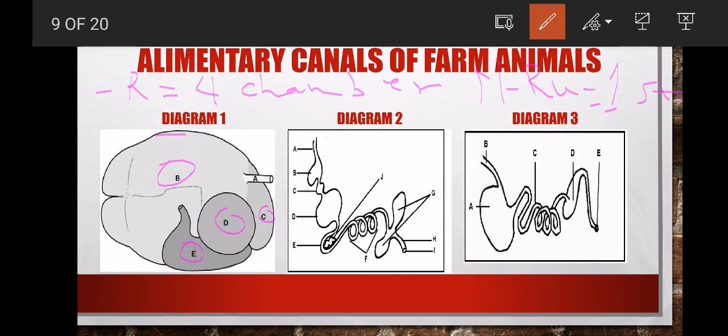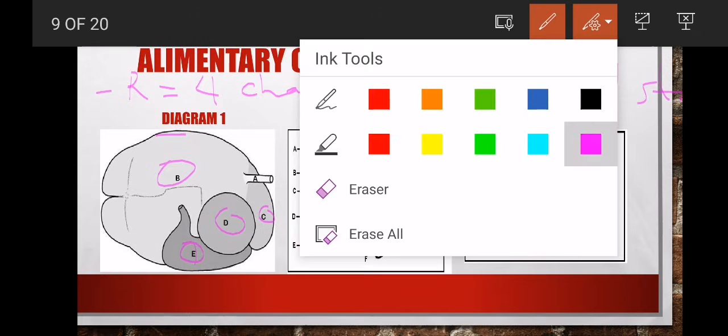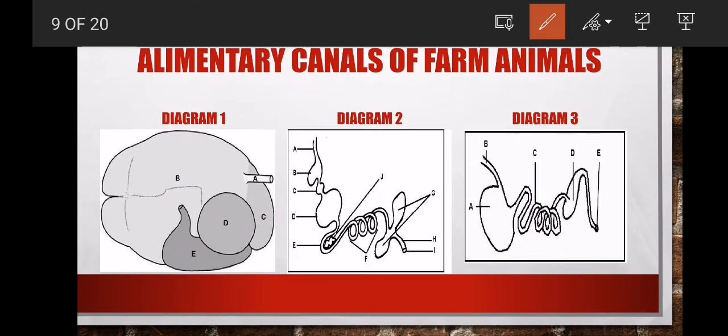It means diagram 1 has how many chambers? 4 chambers. So it's a complex or compound or else polygastric. So if it has many stomachs, we can agree together to say it's a ruminant animal. Okay, thank you.